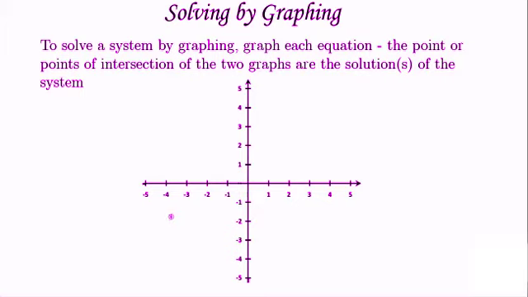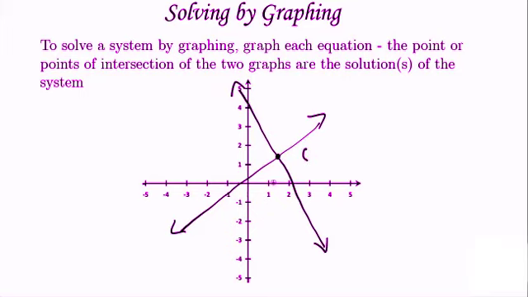For example, if I were to graph two lines, so if I had equations for two lines and I used each equation to graph the lines and I found that they intersected at this point, that would be the solution for that set of equations. And if I look, this is at an x value of about 1.5 and a y value of 1.5.